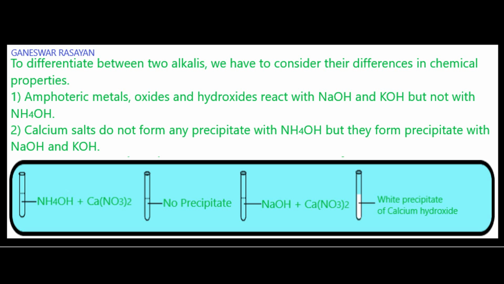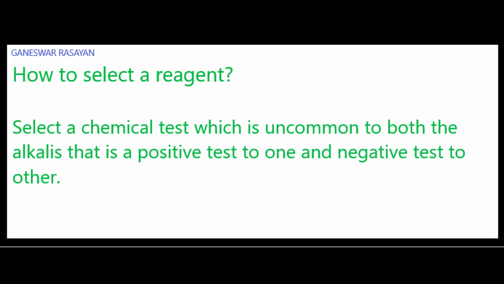Amphoteric metals, oxides and hydroxides react with sodium hydroxide and potassium hydroxide, but not with ammonium hydroxide. Calcium salts do not form any precipitate with ammonium hydroxide, but they form precipitate with sodium hydroxide and potassium hydroxide.